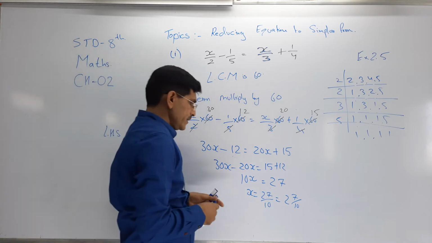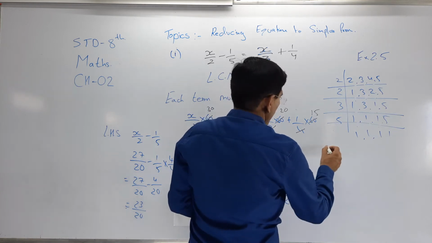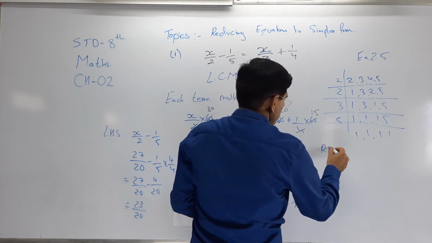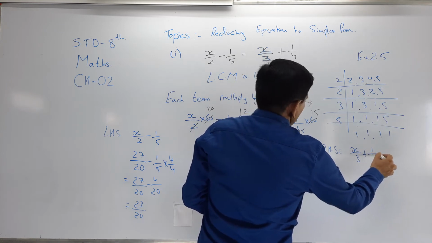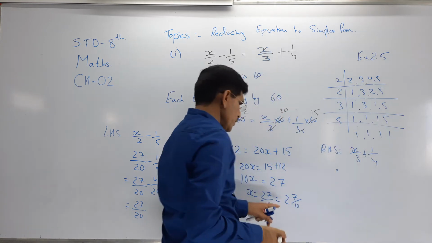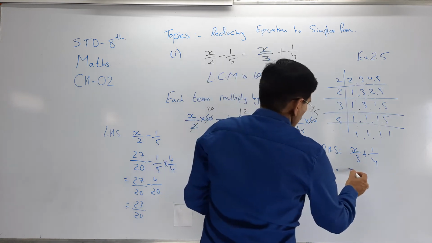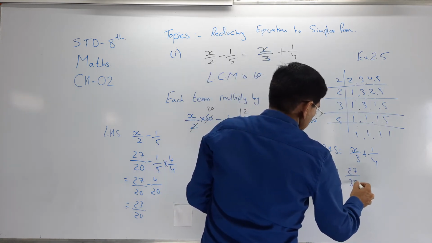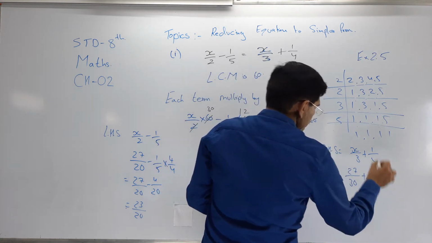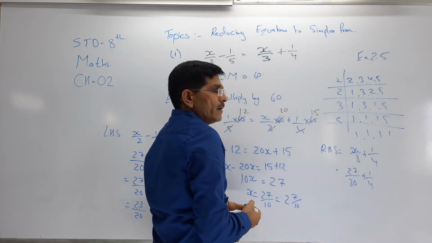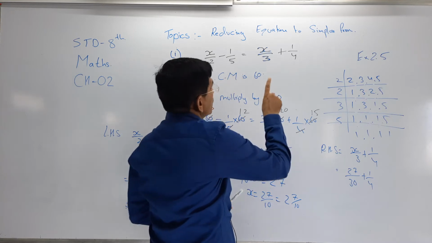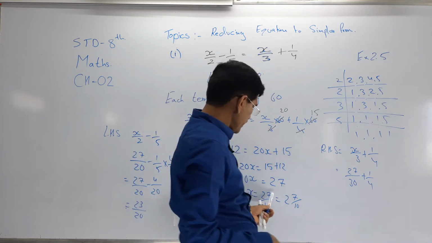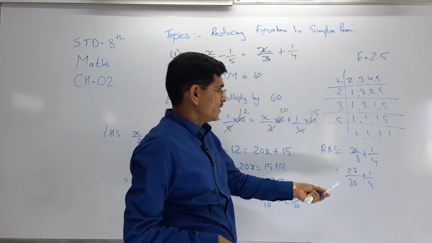Now, on the right hand side it is possible that we get the same. So, the right hand side is x by 3 plus 1 by 4. x is 27 by 10, so 10 into 3, we have to write 30.